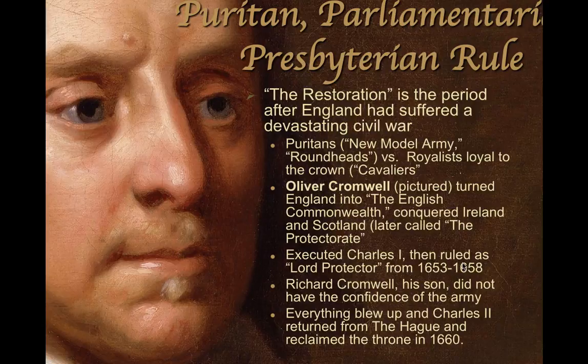In modern day American parlance, we might say that the Puritans were kind of like the religious right, and the Royalists were more like the establishment liberals. Although Cavalier, of course, has the prefix in it, caval, which comes from like cavalry or cavalcade.